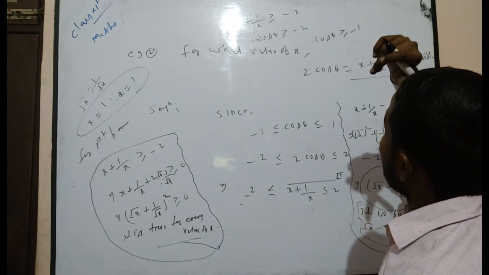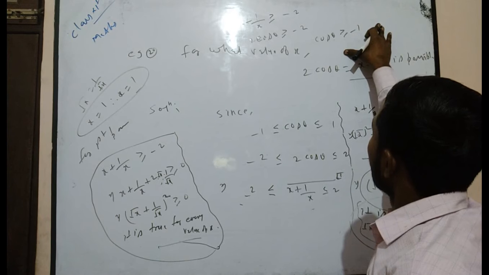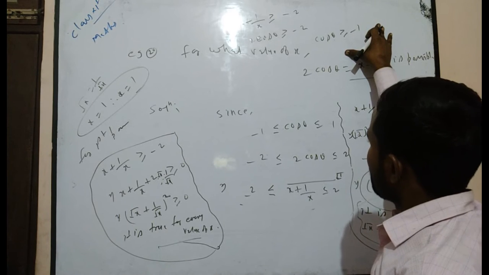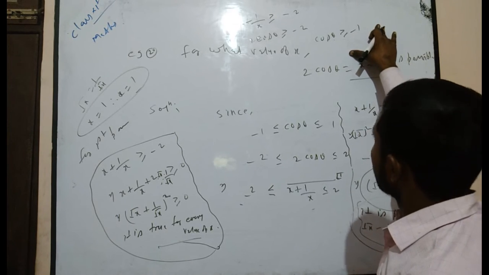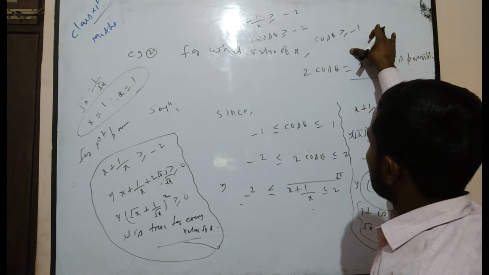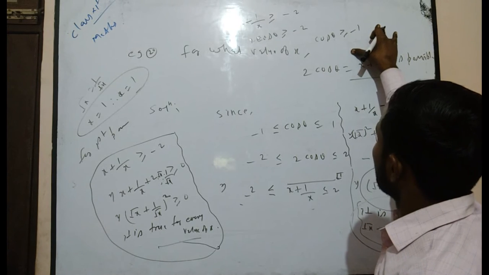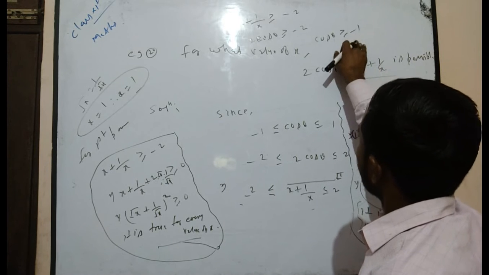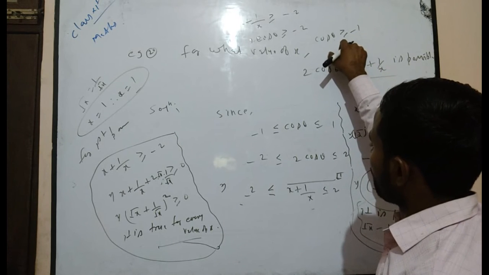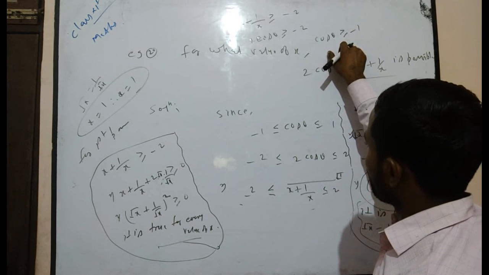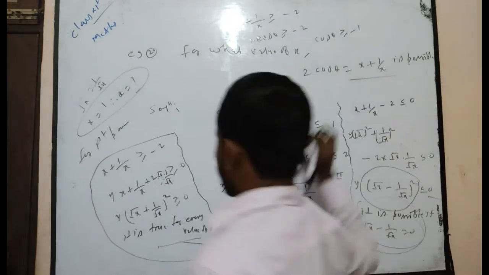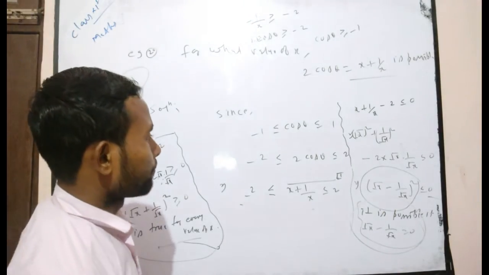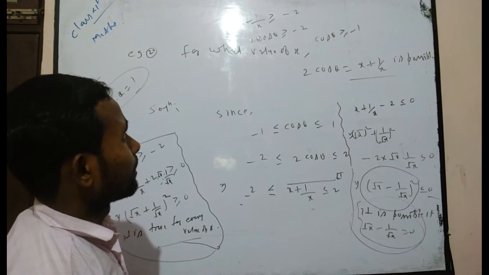Now, do you know about it? 2 cos theta. Cos theta is greater than or equal to minus 1. But there is a simple fact you have to consider about it.